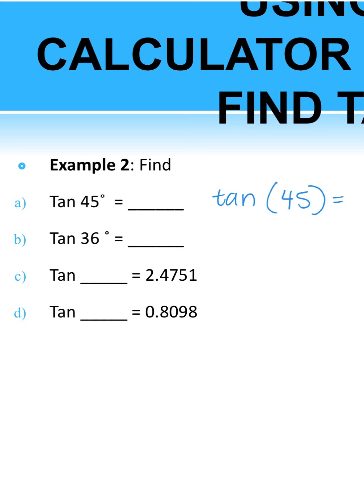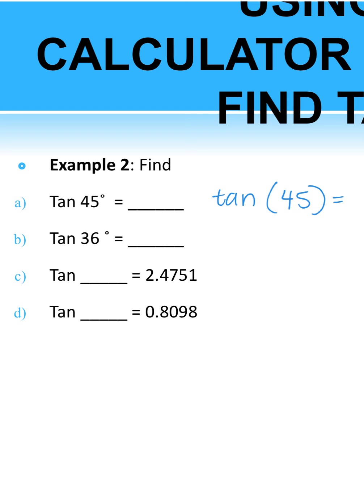Let's click our tangent button. Whoops, let me clear it. Click our tangent button, and then we're gonna click 45 and press enter. If you are in degrees, you will get the answer 1. If you're in radians and you click enter, tangent of 45, you'll get like 1.619.